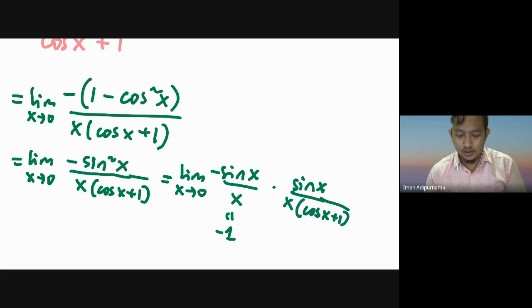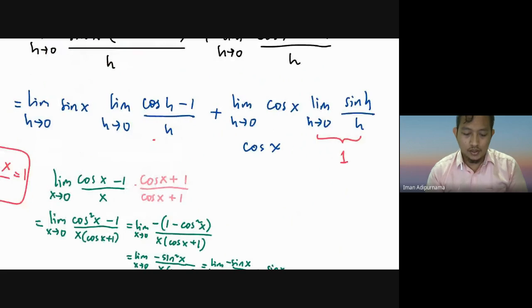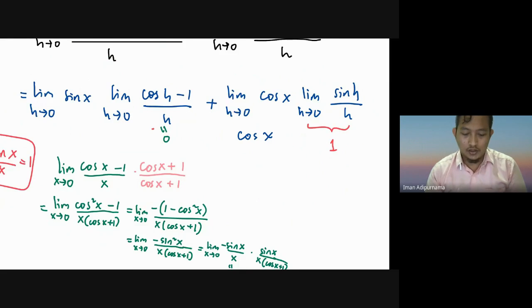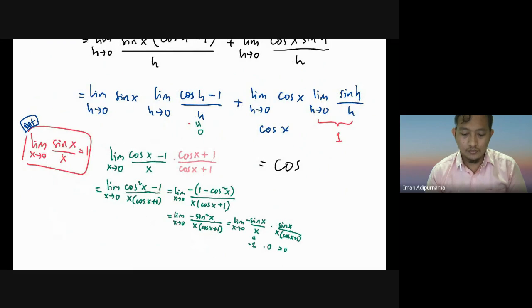So here is 0, so it will be 0. So this part is getting 0, so all of this is getting 0, and you will get the result.